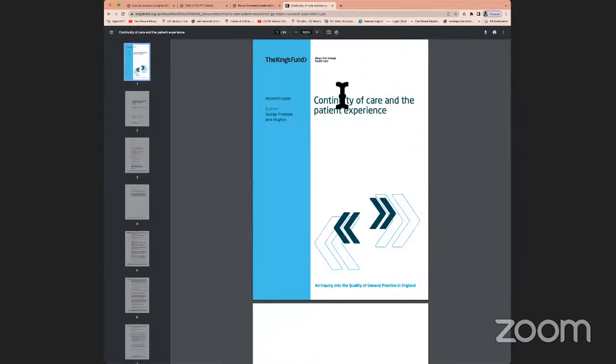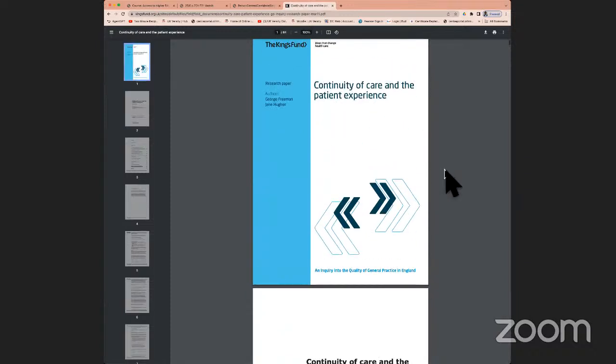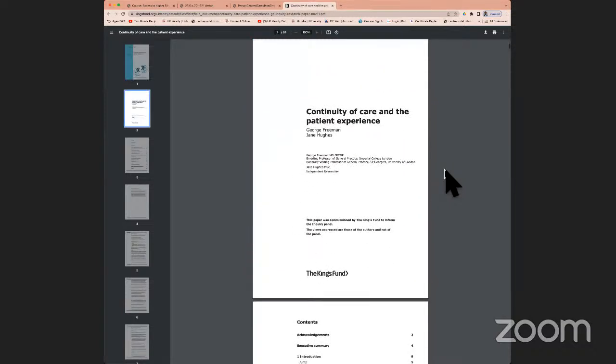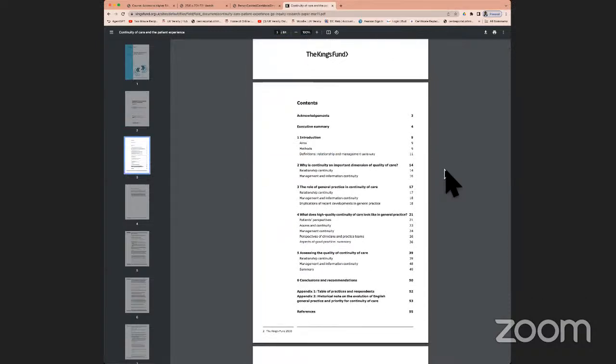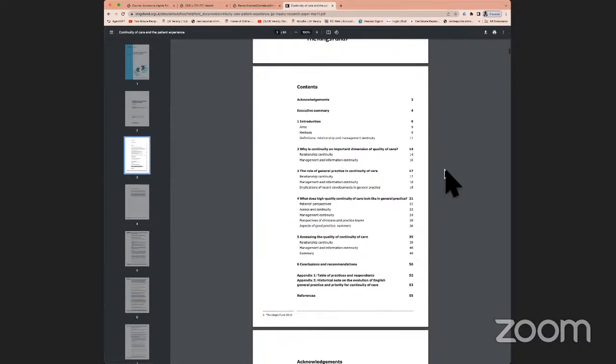Now, with regards to the task 2.3, continuity of care and patient experience, and how the concept has merged from patient knows best to doctor knows best, is basically explained in this particular handout, or I would say a report.